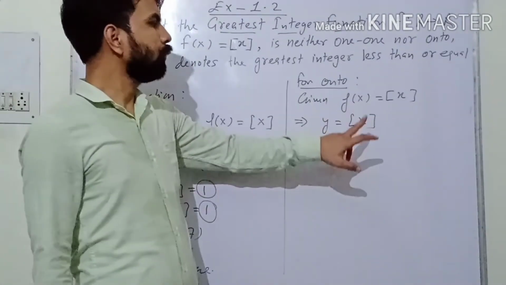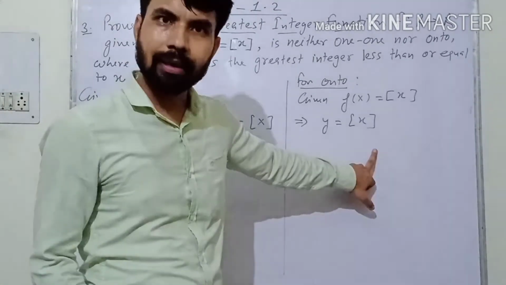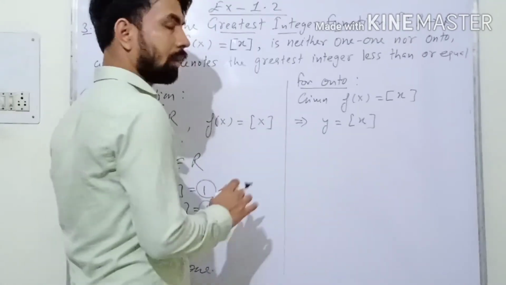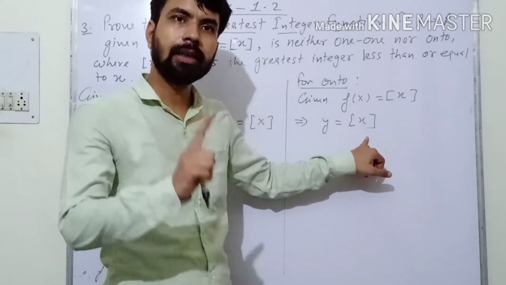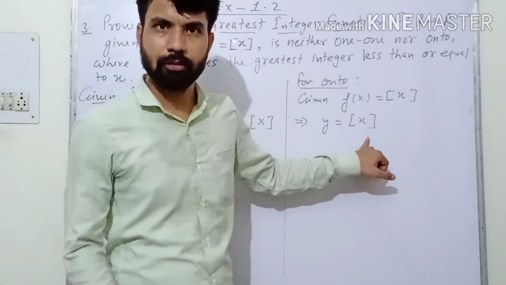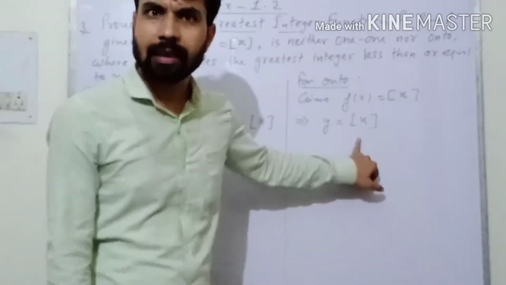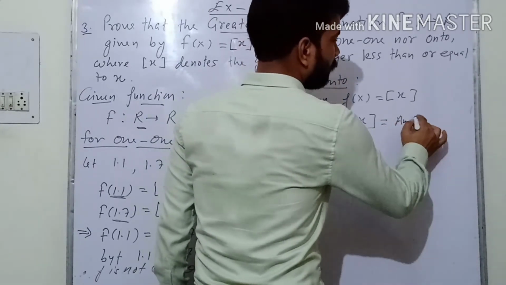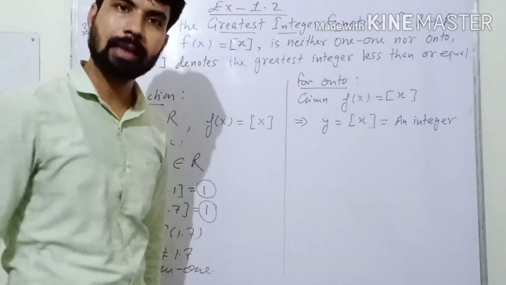I explained that the value of the greatest integer function is always an integer. You know the greatest integer of 1.1 is 1, and the greatest integer of 1.7 is also 1. So the value of y will always be an integer.